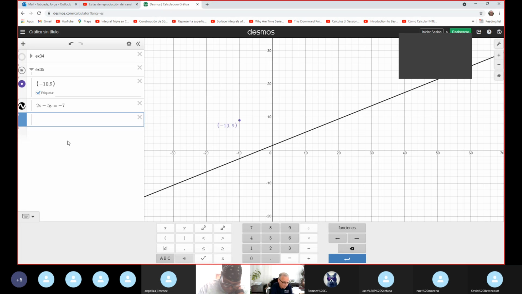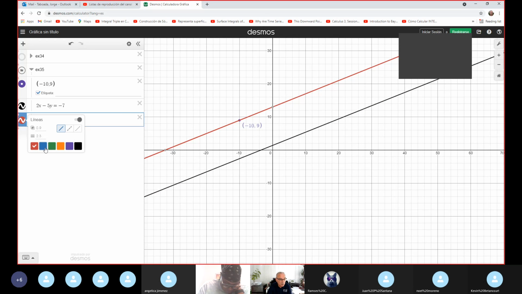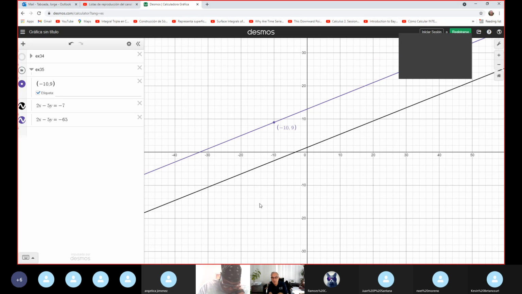So it's 2x minus 5y equal negative 65. Okay, I'm using the same color, purple. Purple color is this. Bang, perfect. We are the best in Miami-Dade College. Okay, we found the equation of the line passing through this given point, and it's parallel to the given line.